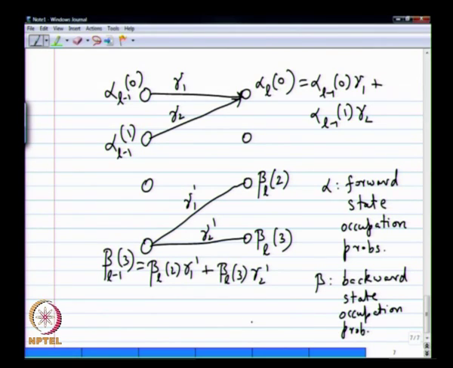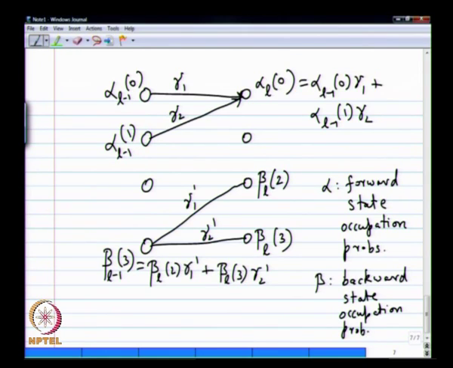So alpha is like the probability that you are in Maharashtra and beta is the probability that you are in Bihar. That's another way to think about this. When you go in one direction you compute alpha, in the forward direction, and then to compute beta you come back in the backward direction.